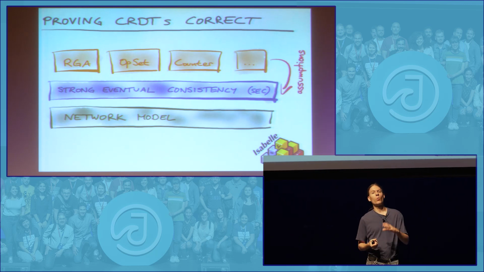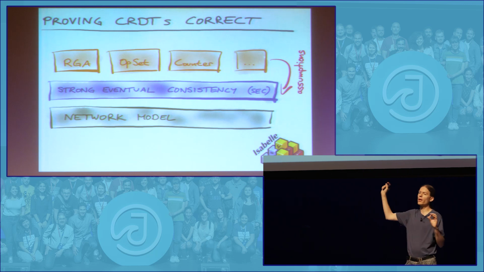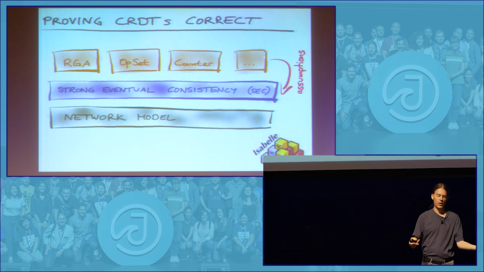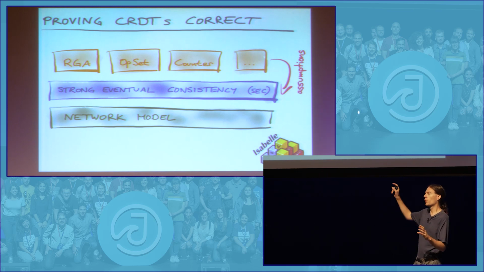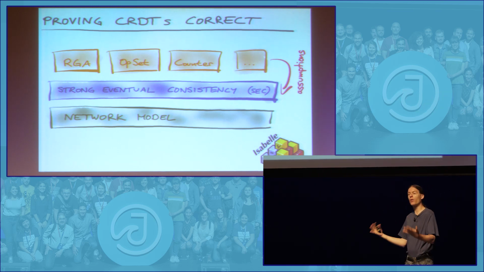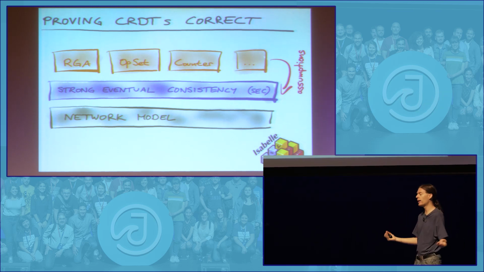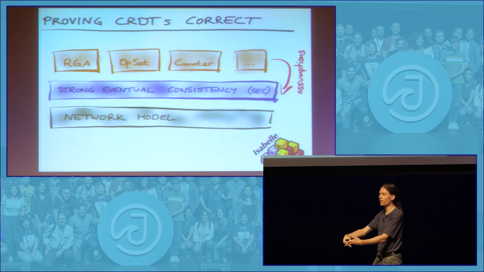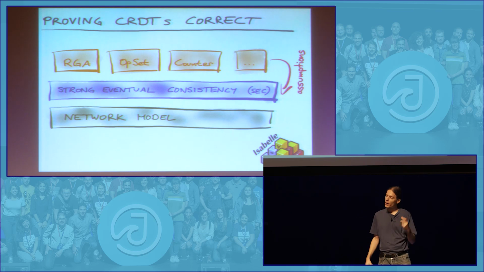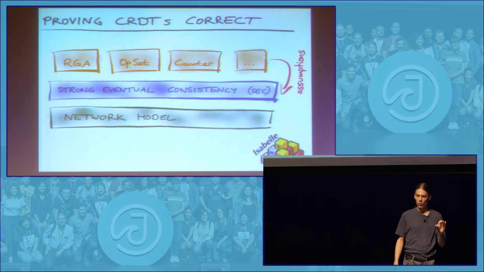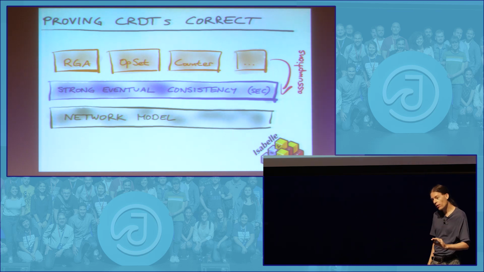And we were then able to prove that all of these data types satisfy a certain consistency property called strong eventual consistency. Strong eventual consistency primarily means convergence. So what I said earlier, we want everyone to end up in the same state by merging everybody's edits together. So we can prove that this convergence property holds under certain assumptions.